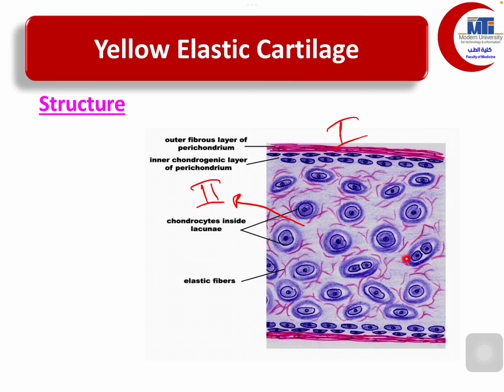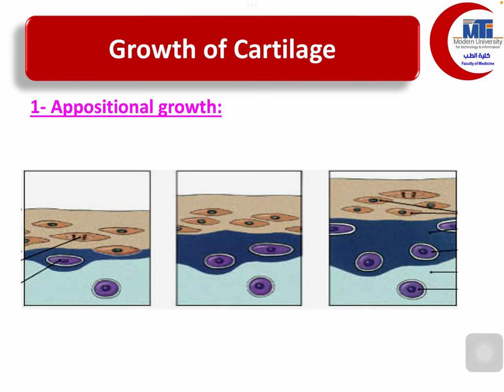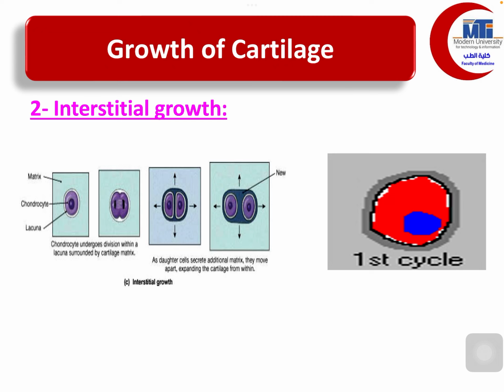So that's a type of growth from within the matrix of the cartilage, and that's why it's called interstitial growth. So that is the appositional growth from the chondrogenic cells in the perichondrium, while the interstitial growth occurs from the division of chondrocytes inside the lacunae.